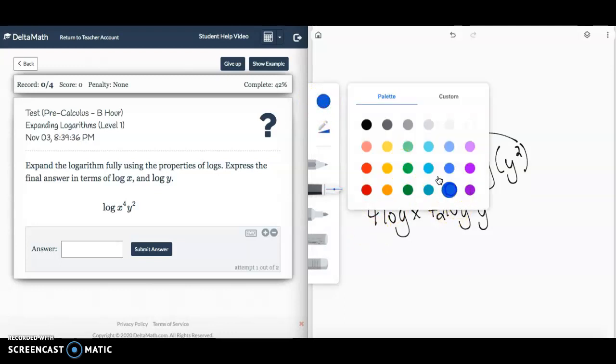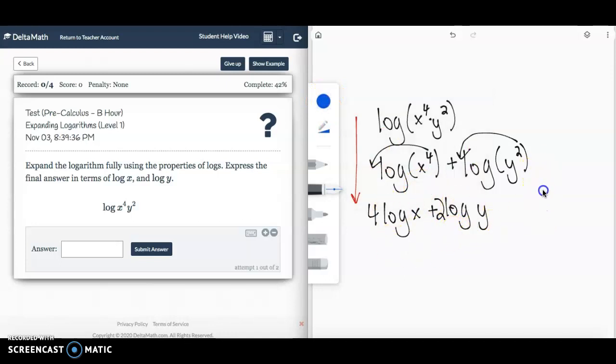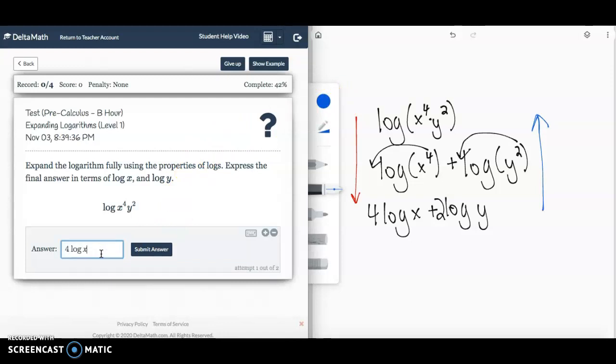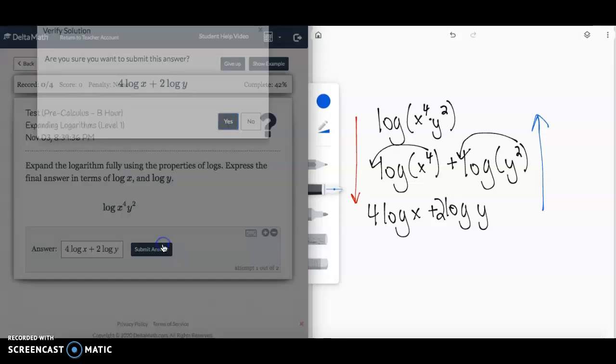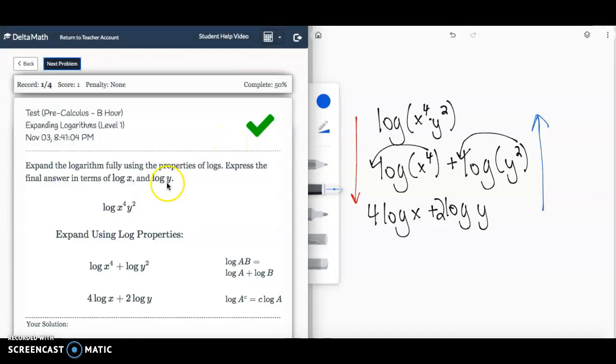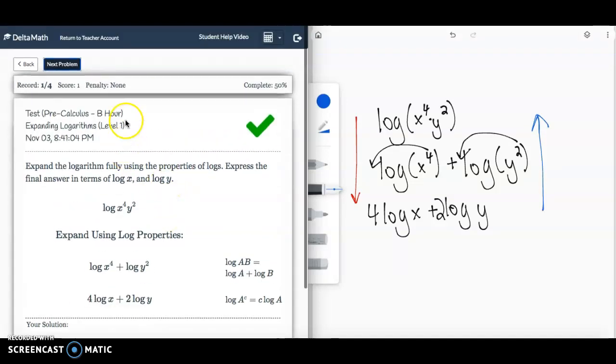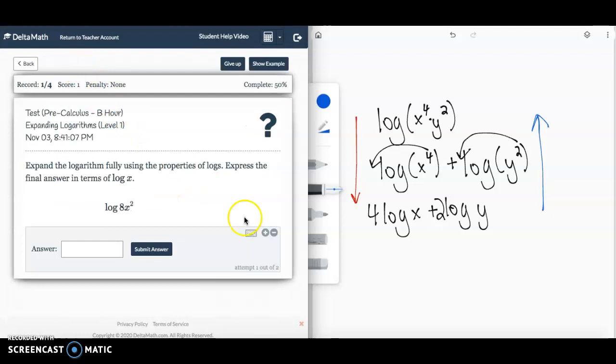If I was going to start with this and then condense my logarithm, my very first thing would be to move these back up to become exponents. So, all right, let's write out our answer. I think we can just type the word log, L-O-G. Yep, log of x plus 2 L-O-G y. Voila.